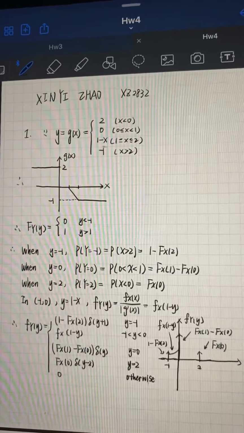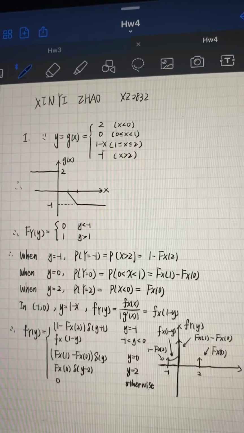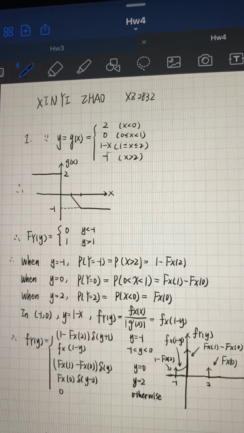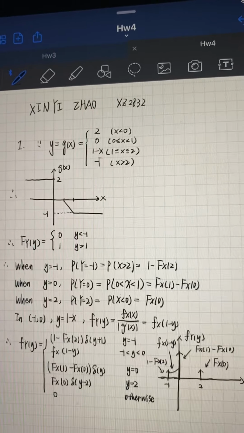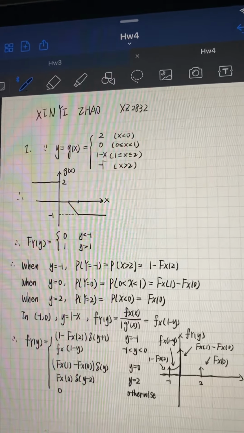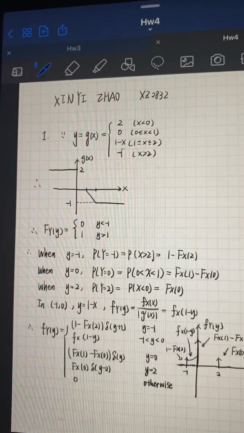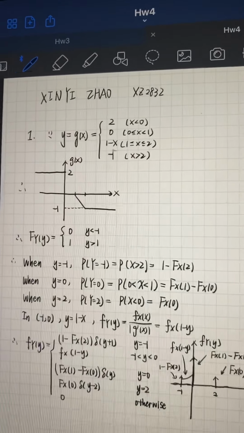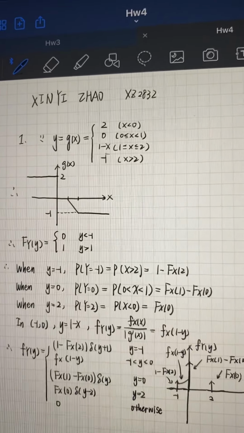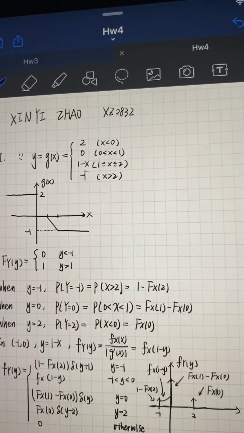So from these two pieces of information, we know how to draw the picture of y, and then we know y is between negative 1 and positive 1.